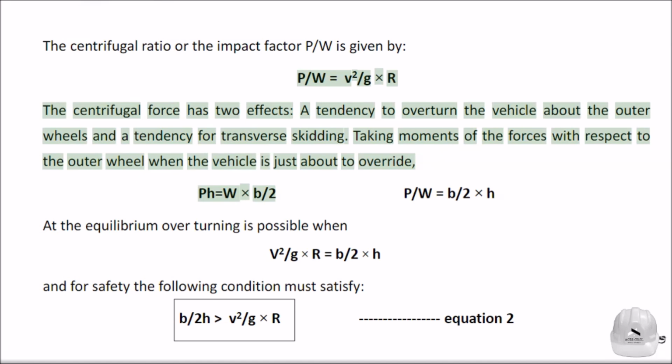The centrifugal force has two effects: a tendency to overturn the vehicle about the outer wheels and a tendency for transverse skidding.